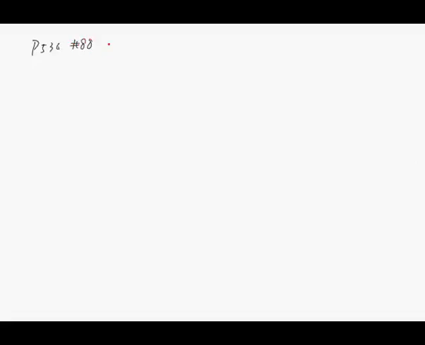The equation is like this: cosine of x minus y plus cosine of y minus x equals 2 times cosine x times cosine y plus 2 times sine x times sine y.